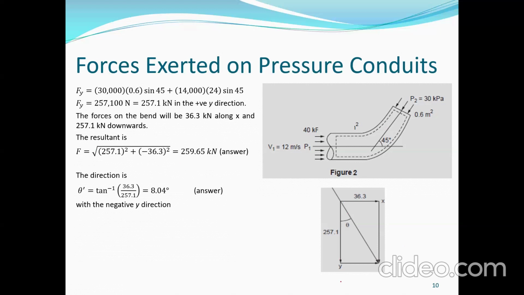Sa bend siya. Then 36.3 instead na papunta sa left, ito na siya. So yung angle na yan, itong theta is 8.04 degrees. Yan yung direction. Okay? Ingat kayo dito. So ang sagot ng computation mo, yun ang final sagot mo. So balikan mo yung question, yung required. Yung bend o yung elbow, yung reaction doon sa elbow ang tinatanong. Tapos mag-ingat pa sa sign, positive or negative.